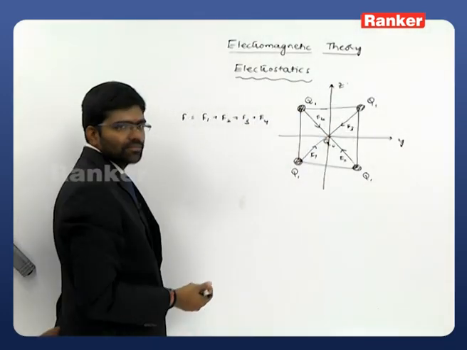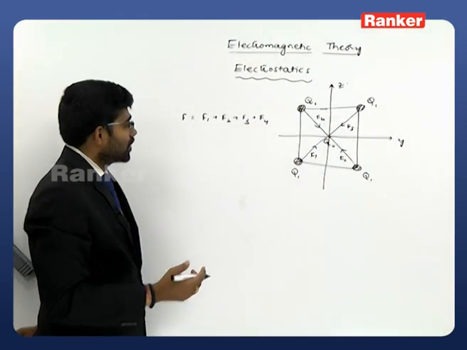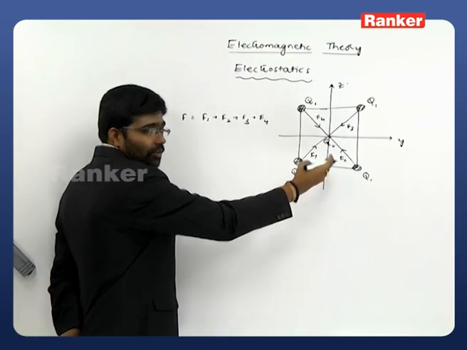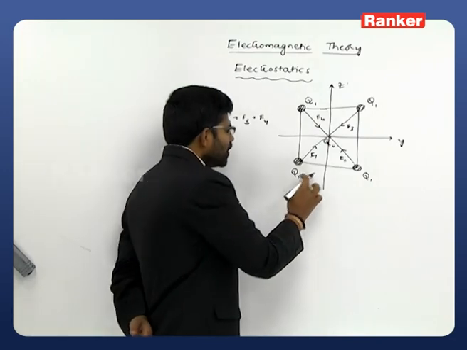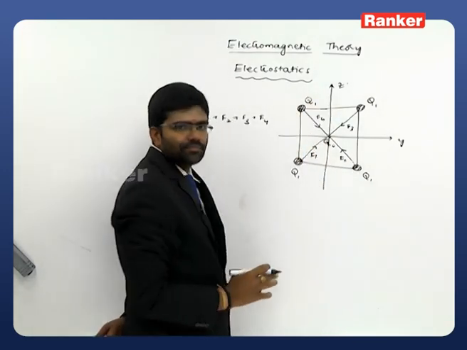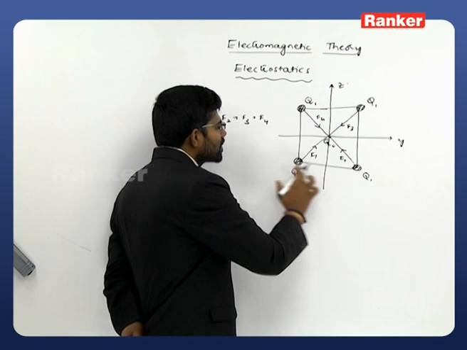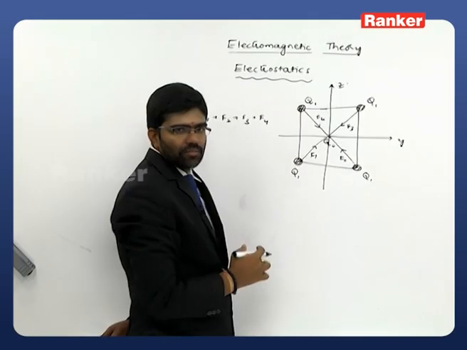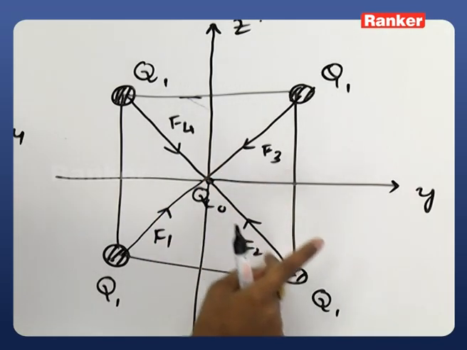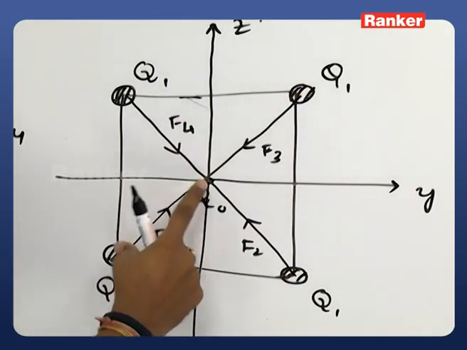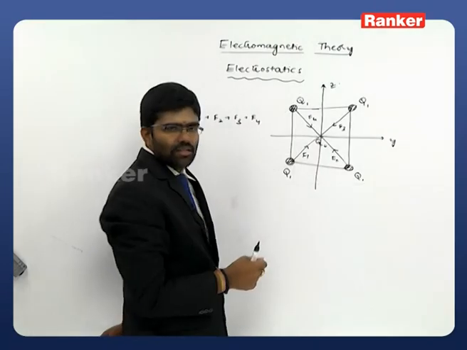plus F4. But before going to the calculation and substitution of different parameters obtained from this figure in the formula, just observe them. These 4 charges are the same and the square was symmetrically placed on the YZ plane. Since it is symmetrically placed on the YZ plane, from the center point this distance is equal to this distance, which is equal to this distance and this distance.